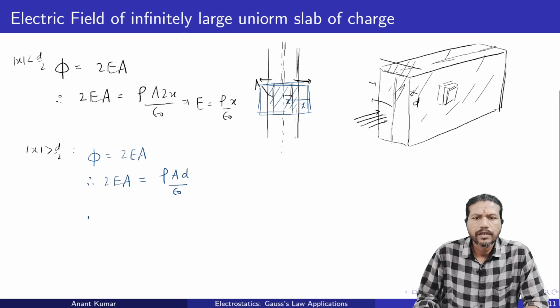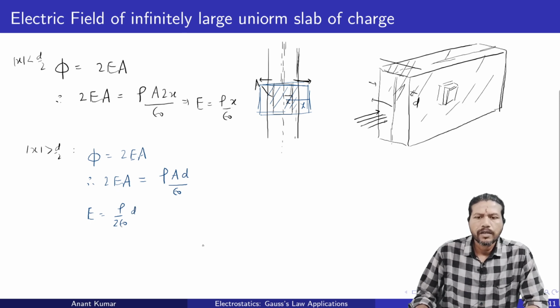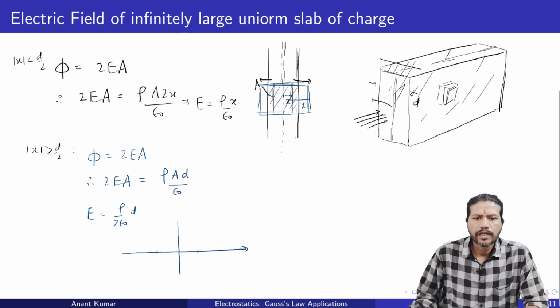This gives us the electric field as rho d by 2 epsilon 0, which is a constant field. So if I look at the variation of the electric field both inside and outside, interior points vary in a linear manner till we reach the surface. Then it just becomes a constant on both sides.